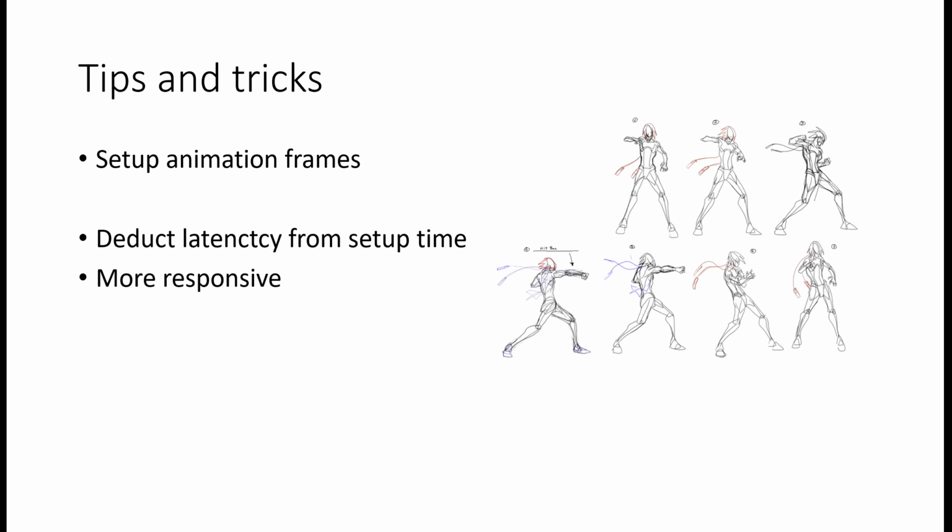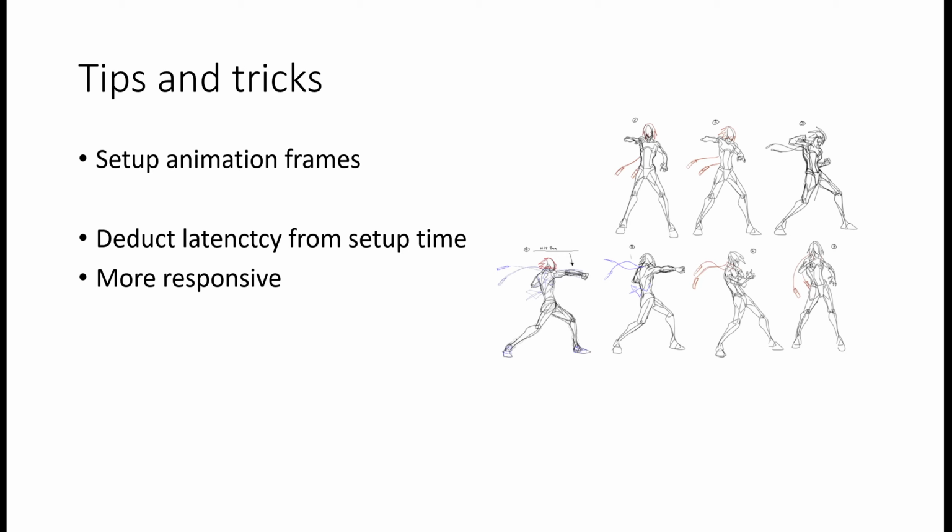I also want to get into some tips and tricks you can use to make your game feel more responsive. If you have some setup animation frames on your animation, like a player uses a spell, then as soon as the player hits that spell, it sends the message. And then a few frames later, the spell gets used. In those frames you do your communication.